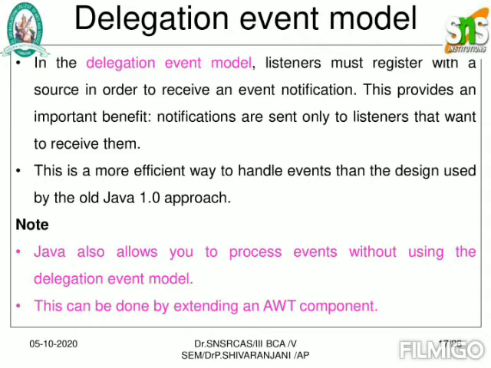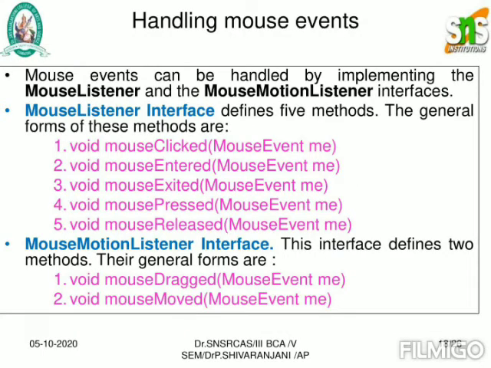So next one is handling mouse events. The mouse event can be handled by implementing the MouseListener and MouseMotionListener interfaces. Based upon these two interfaces, you can handle mouse event activity. Inside the MouseListener interface, there are 5 methods.